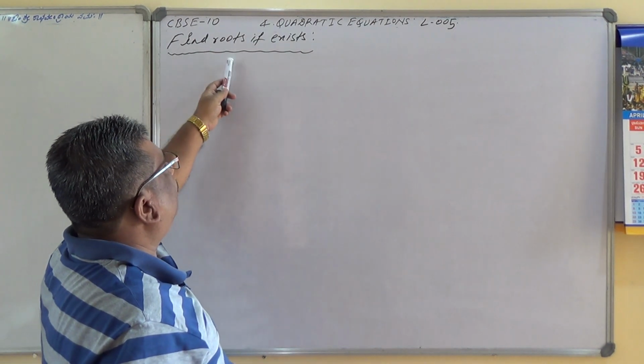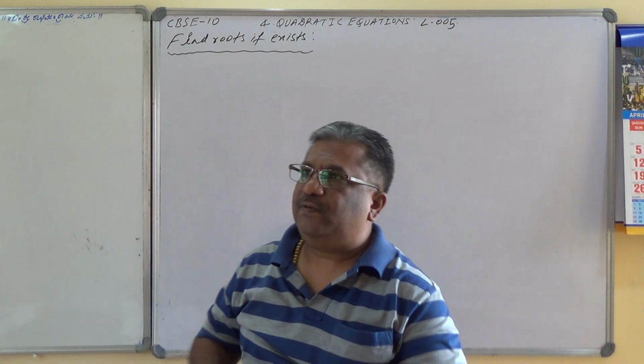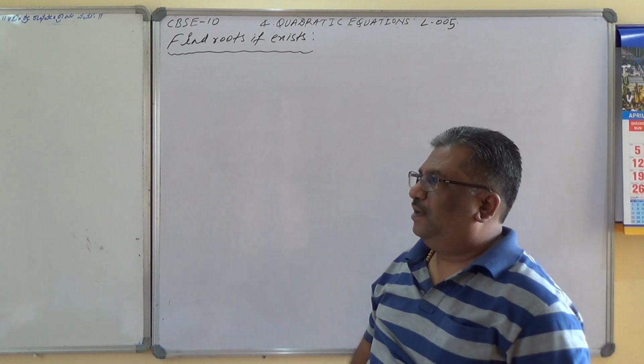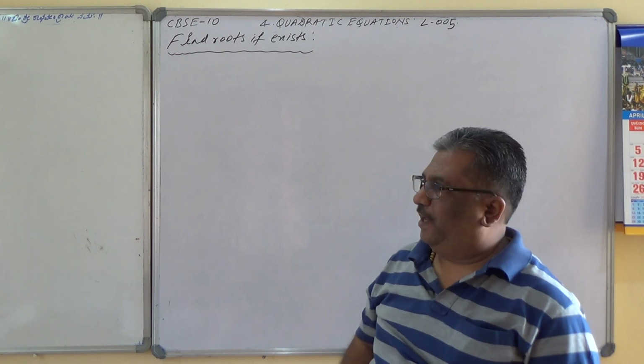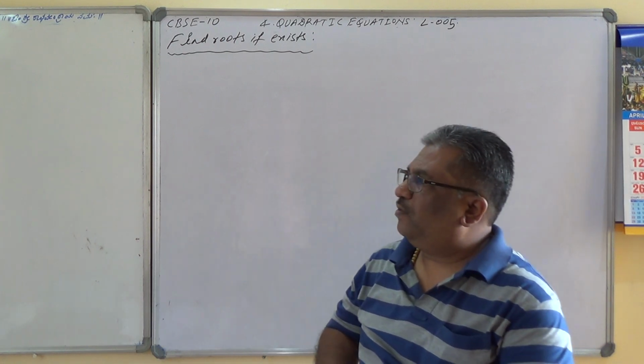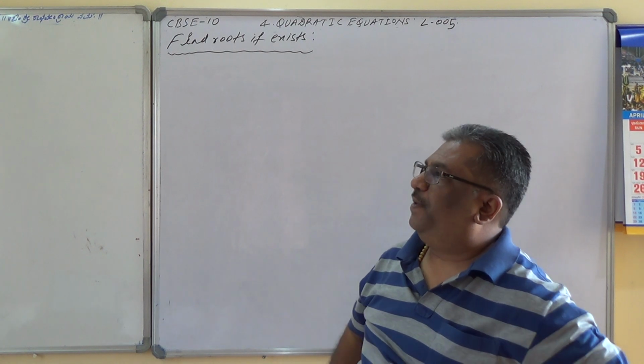Here, find roots if they exist, meaning I will try to find out the nature of the roots and then decide whether the roots exist or not. That is based upon discriminant d. Exercise number 4.3, find the roots of the following quadratic equations if they exist by the method of completing square.